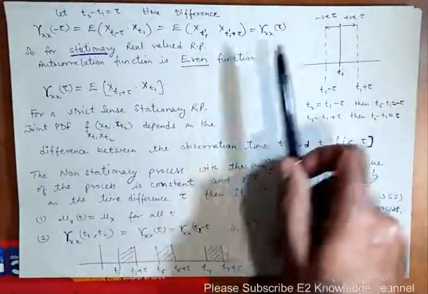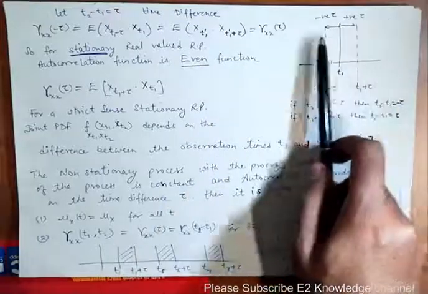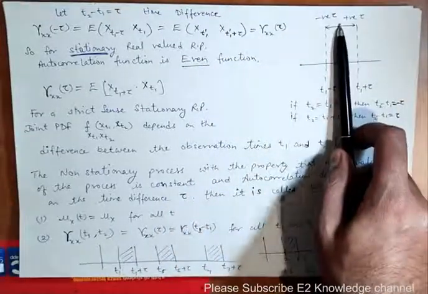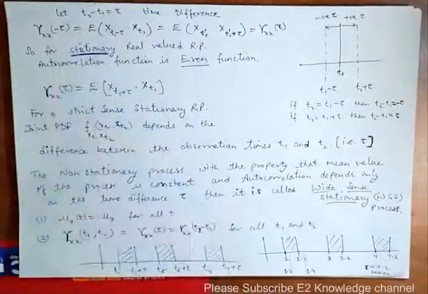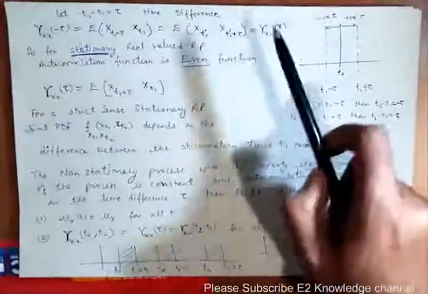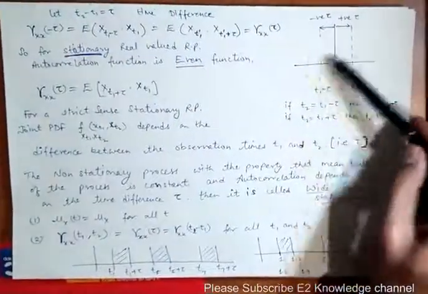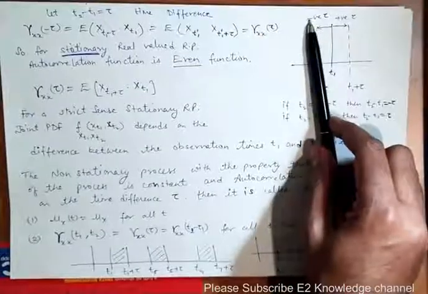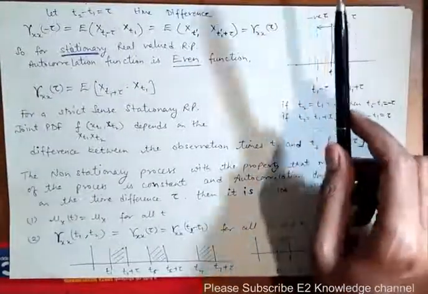When we are moving forward, it is a positive tau. When we are moving backward, it is a negative tau. And it is found that the autocorrelation function is an even function. Whether we move by negative tau or positive tau, it behaves the same.